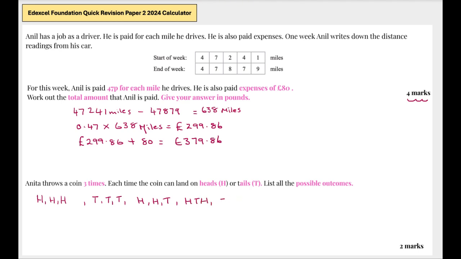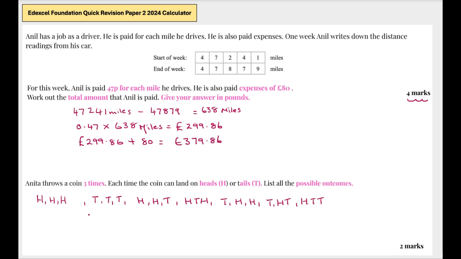We could have tails, heads, heads. Tails, heads, tails. And heads, tails, tails. Now that all sounds really repetitive, doesn't it? But it's just different orders that you're doing it in. They're the only possible orders that could come out of flipping the coin 3 times.